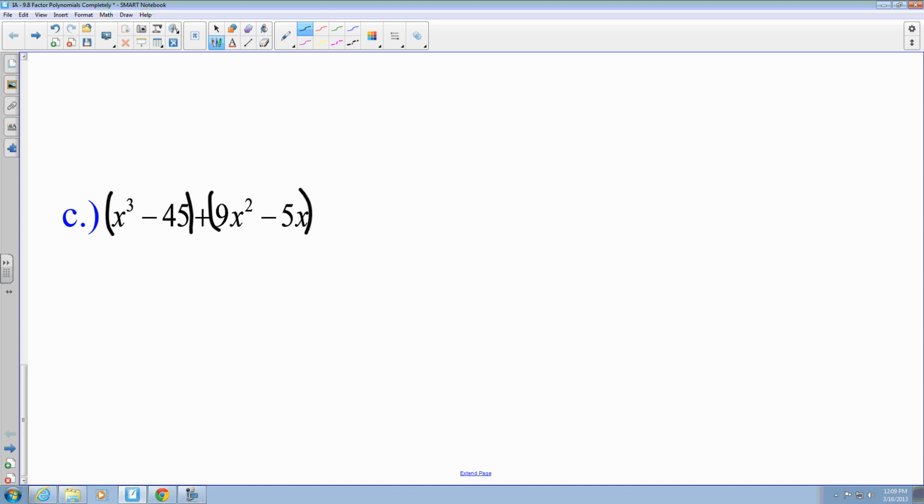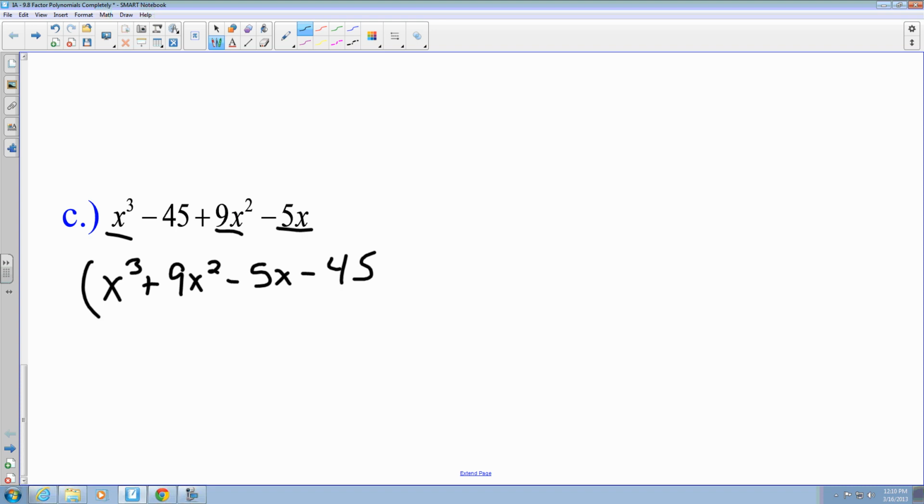So this leaves us with a little bit of a problem, but what we can do is change the order to help us out. I have my two largest degrees, so I'm going to put those together. So I got x cubed plus 9x squared. And then I'm going to put minus 5x minus 45.